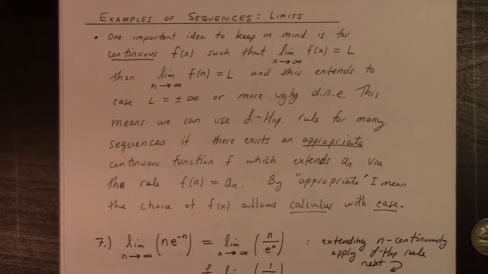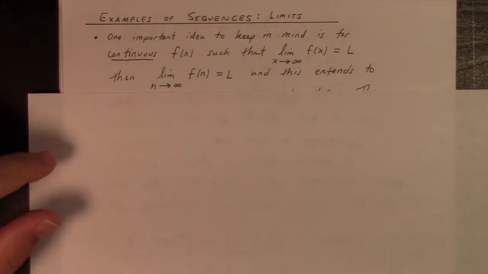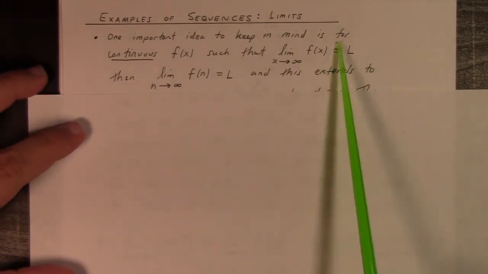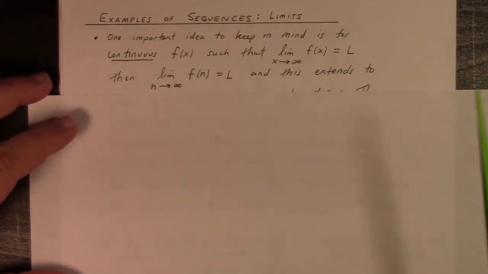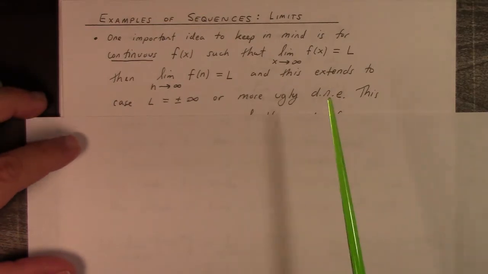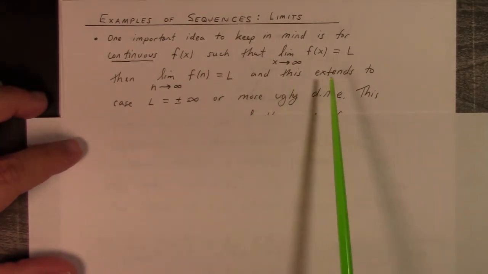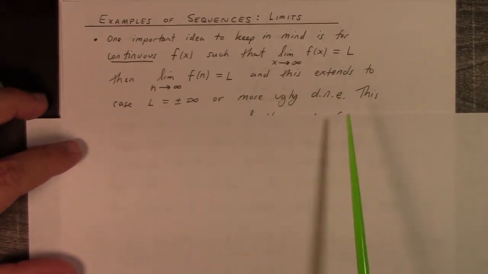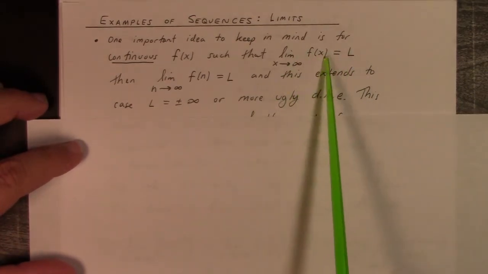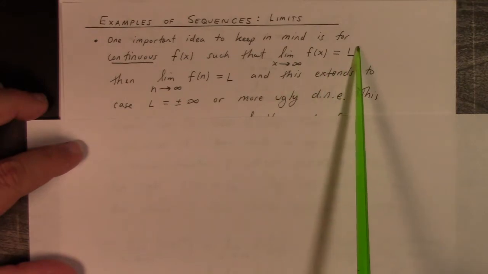So I'm going to go on here. One important idea to keep in mind as we study limits of sequences is that we can interchange the continuous limit we studied before with the limit of a sequence. And this extends to the case where the limit as x goes to infinity is equal to infinity.